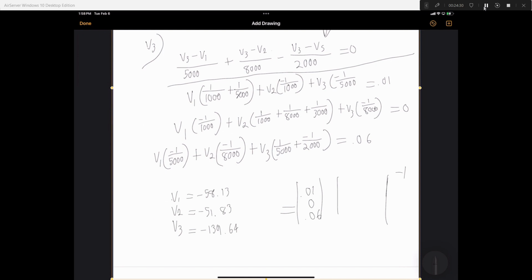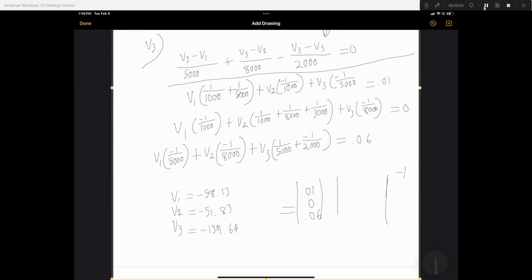Plugging in negative 1 divided by 5,000. Negative 1 divided by 1,000. Then we have 8,000 plus 1 divided by 3,000. Same number.